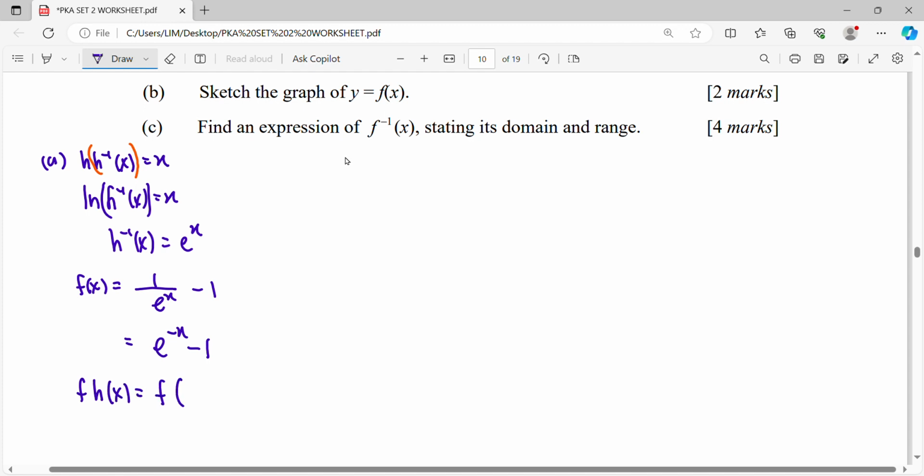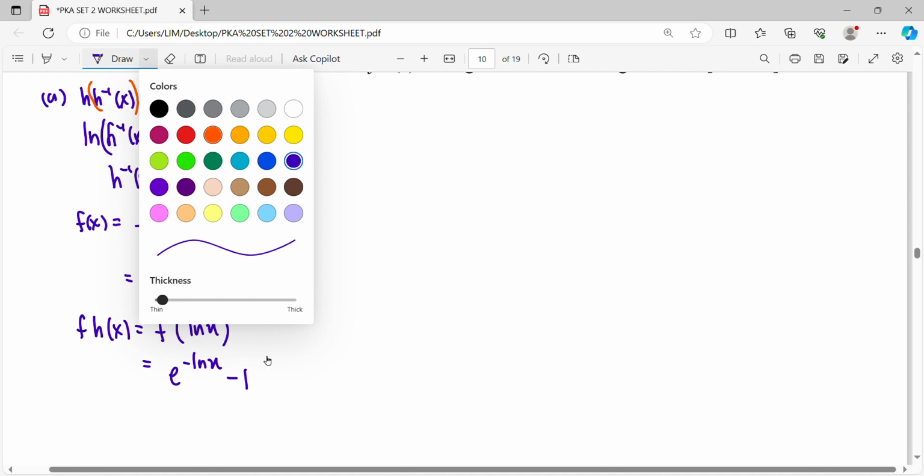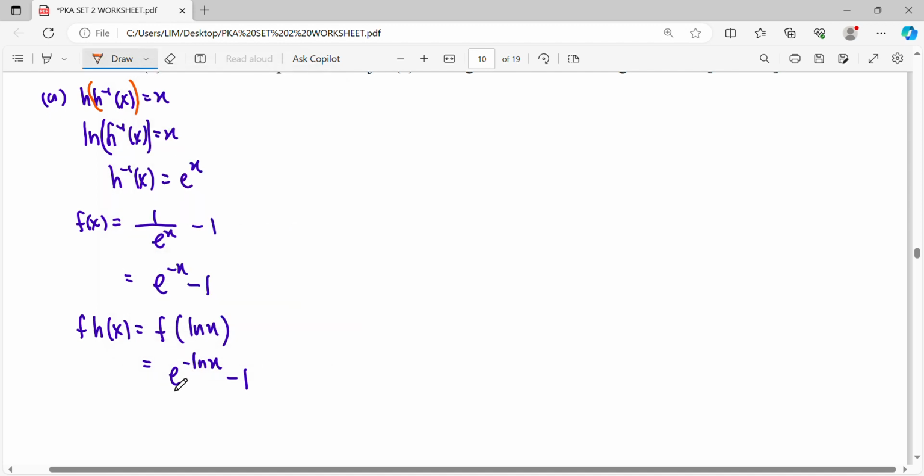So h(x) is ln x. When we substitute into the function of f, it will replace the position of x here. And then when you want to simplify, bear in mind, e to the ln, if we have a coefficient here, we cannot cancel.